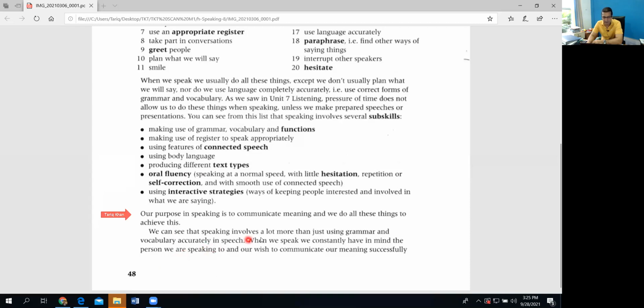Speaking involves much more than just using grammar and vocabulary accurately. A lot of other things need to be involved. When we speak, we constantly have in mind the person we are speaking to and our wish to communicate our meaning successfully.